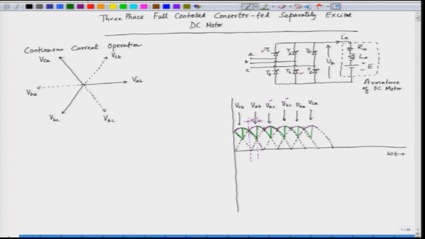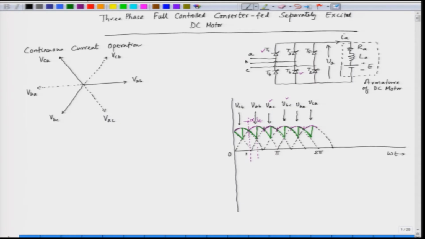So, this is the output voltage of a 3-phase full control bridge. If we see the x axis, this is the 0 here, and here we complete one half cycle, pi, and then we complete one cycle, that is 2 pi.